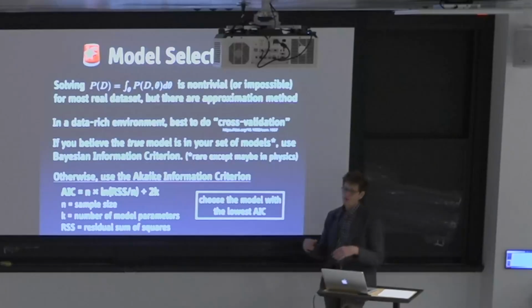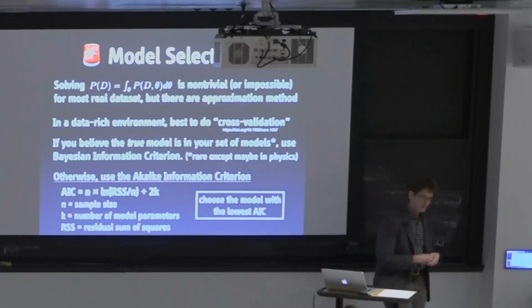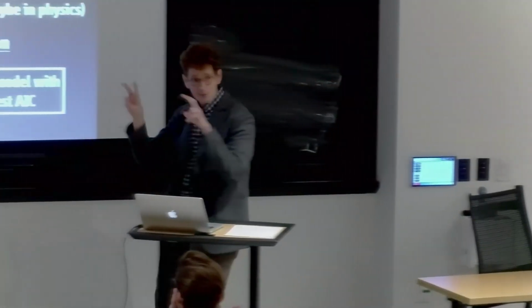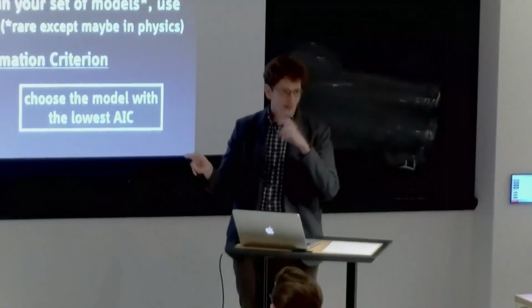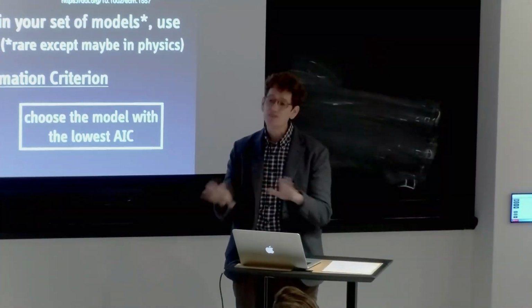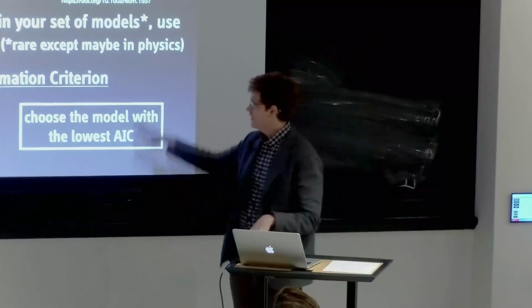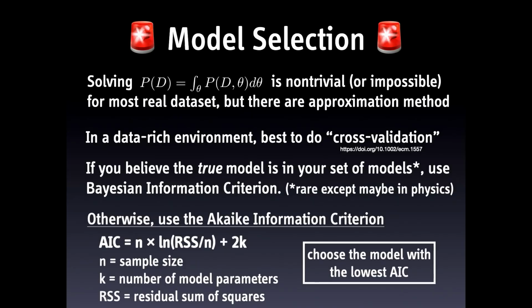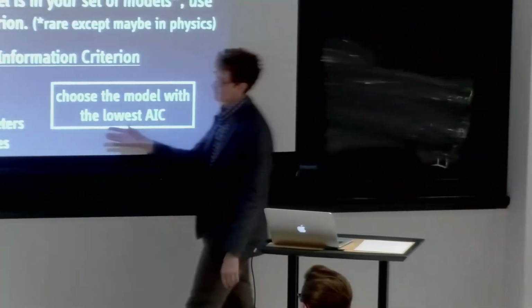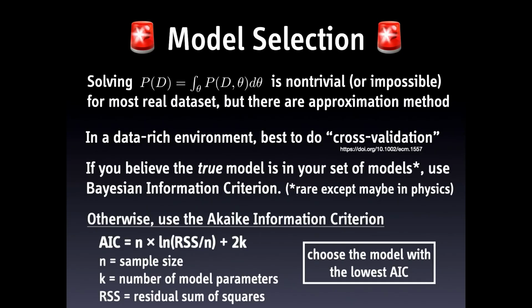If you have reason to believe that the true model that actually contains the real physics is somehow in the set of models that you're evaluating, which is almost never the case, then BIC can be shown to be the correct way to approach it. Otherwise, the Akaike information criterion is usually a better way to do it. Here it is: the number of samples times the log of the residual sum of squares plus the number of free parameters.